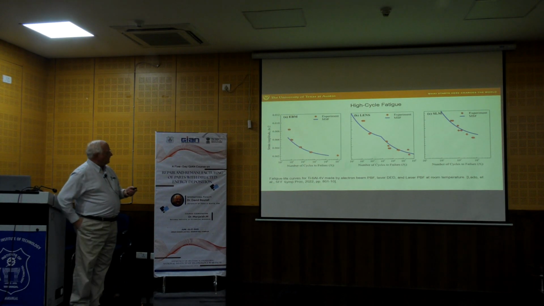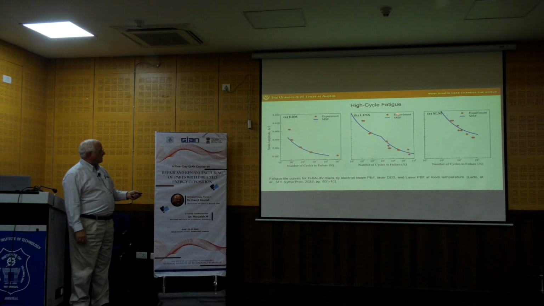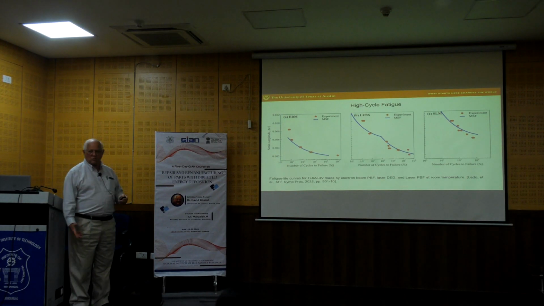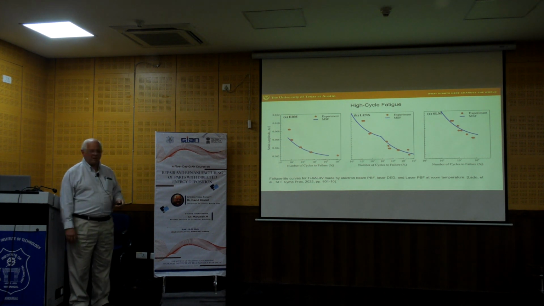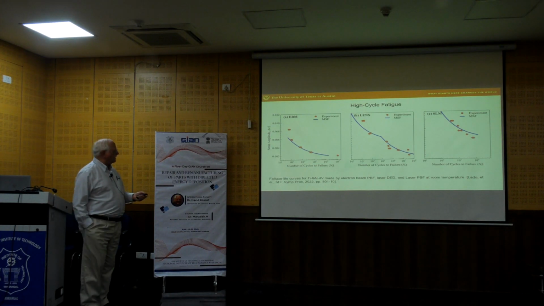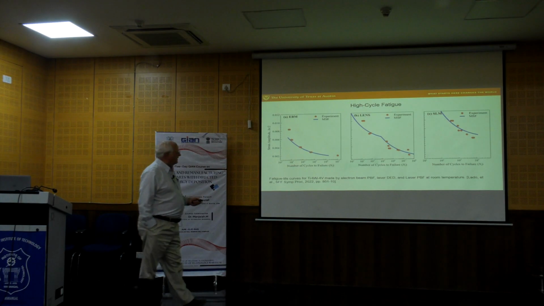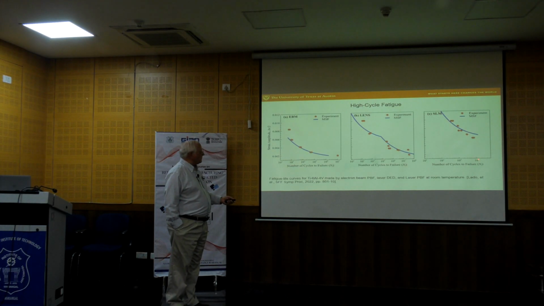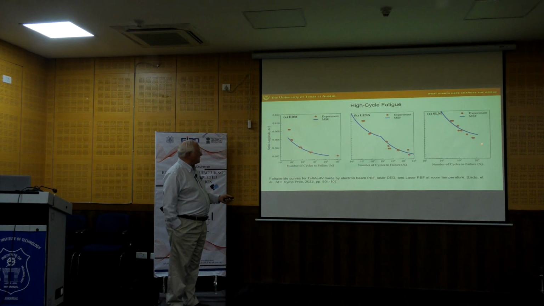But anyway, the point I want to make is that the best fatigue property comes from the laser-based DED. The worst is from electron beam, and the powder bed fusion falls in between. For example, let's pick 10 to the 4th cycles.